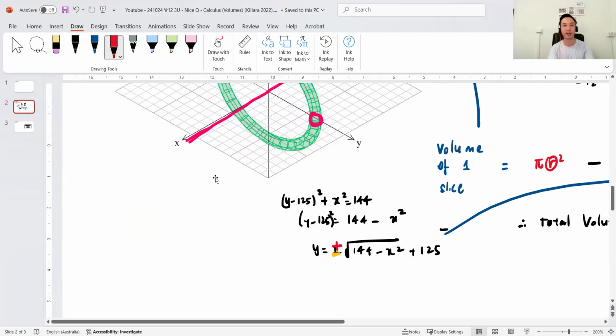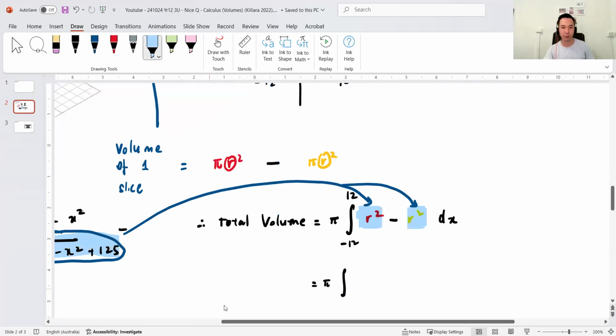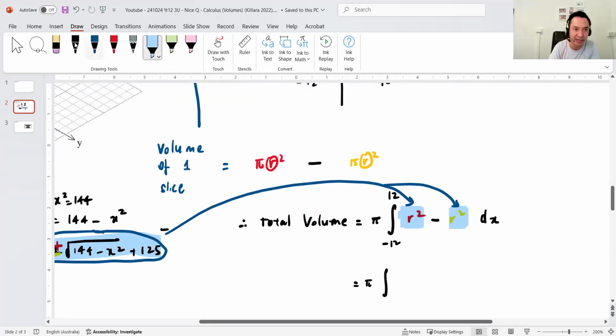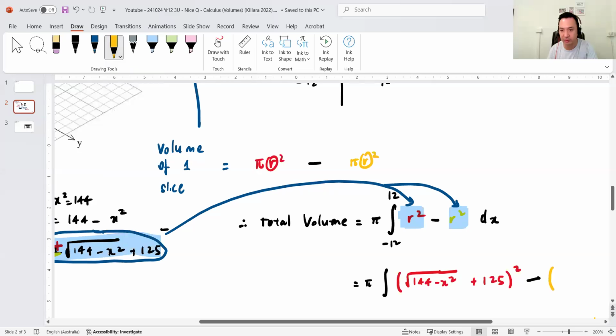Okay. Sub that in, right? So sub this guy in. All right, let's do it. So what I want is for the red case to be root 144 minus x squared plus 125, squared, minus exactly the same but with a minus.